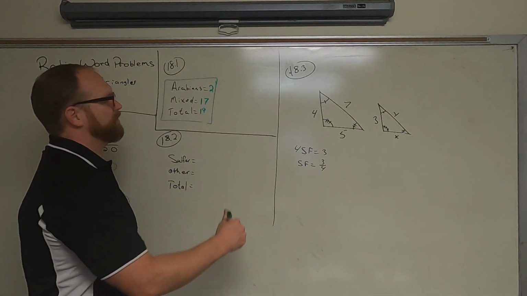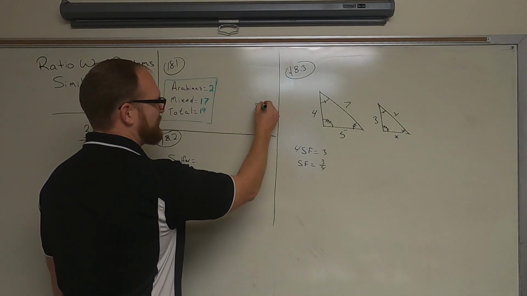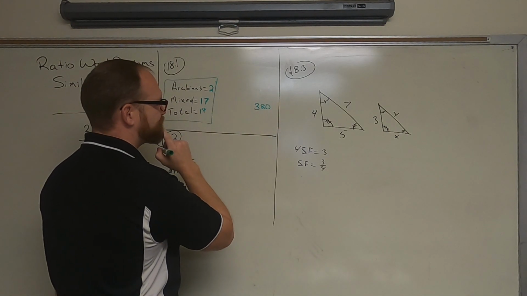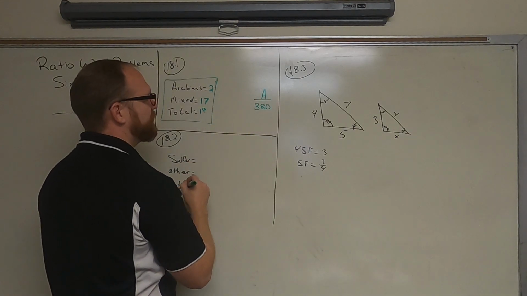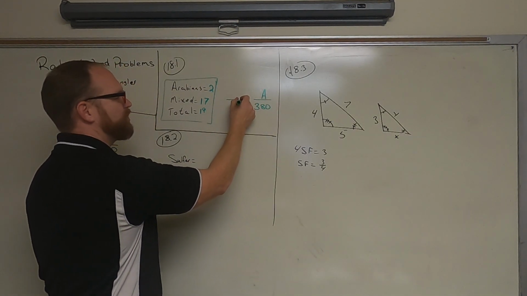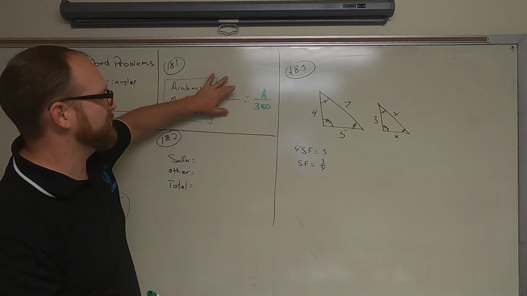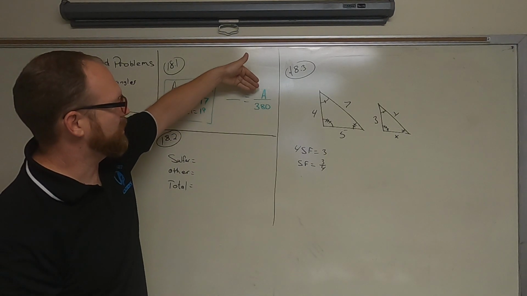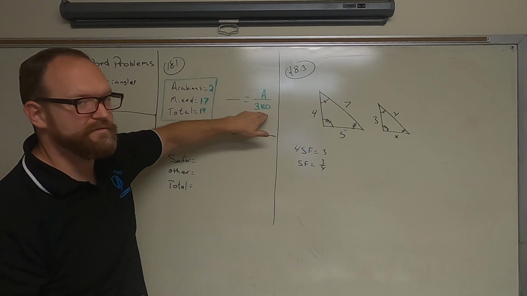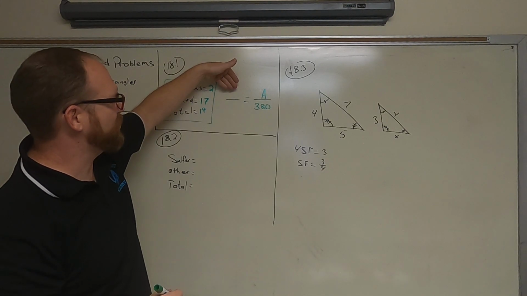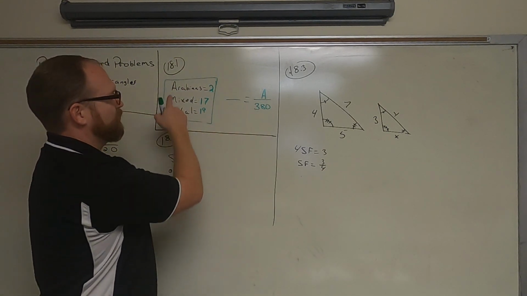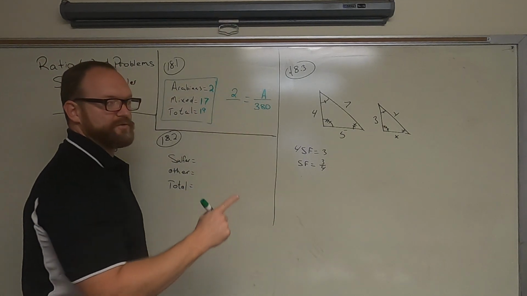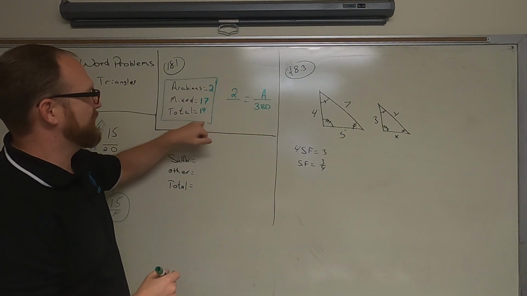Well, we'd have to use a ratio where we know both numbers in order to find out Arabians to the total. What's a ratio we could write for Arabians to the total that we have in the herd? Well, we know our Arabians are 2. The total that we have in the herd is 19.